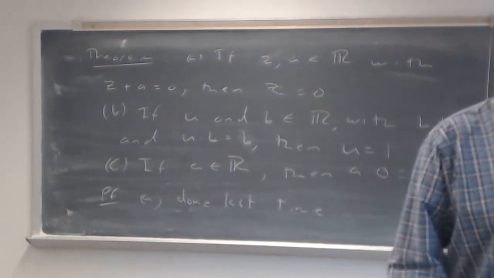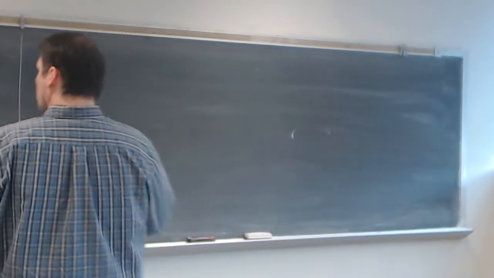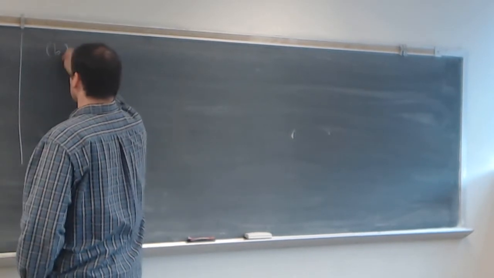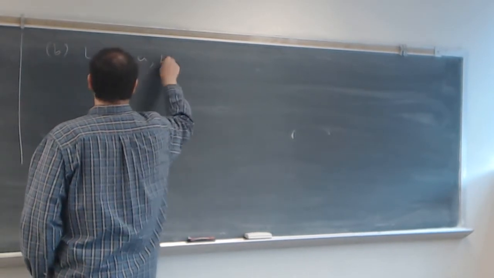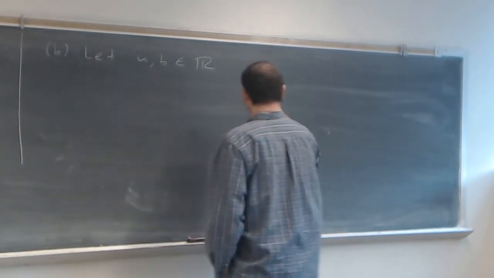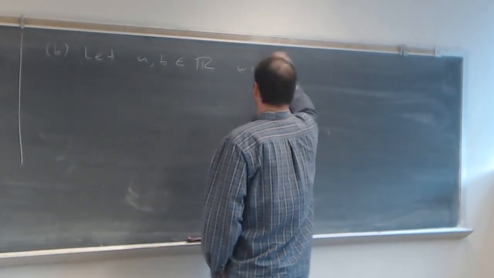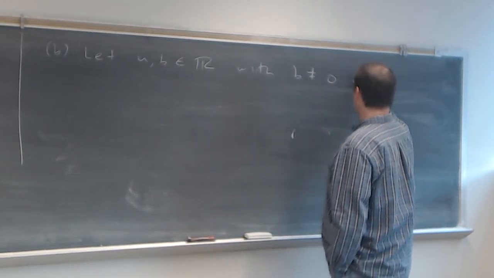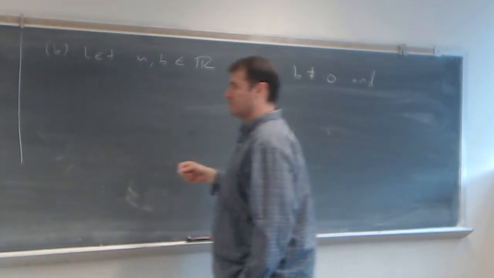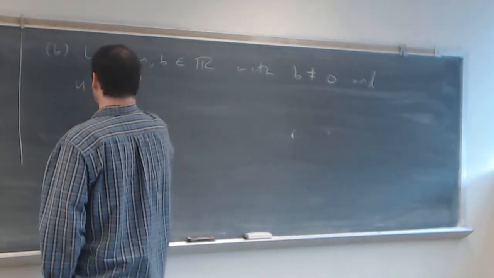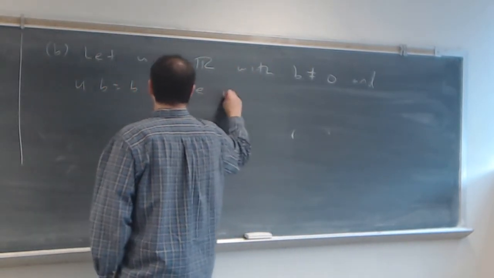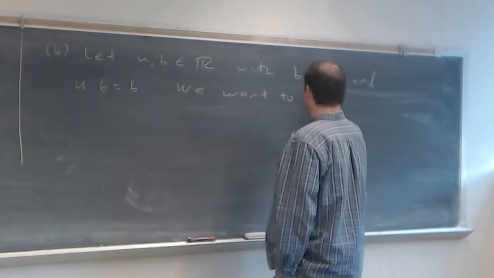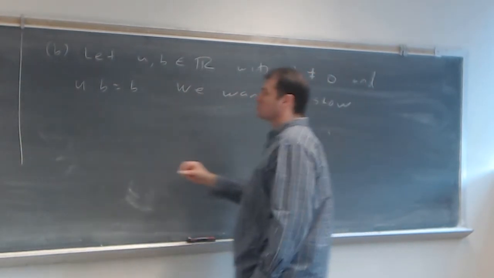So here's the proof for part B. For part B, I think I can do it directly. We will let U and B be real numbers, with B being different than 0, and we're also going to have the equality that U times B equals B. We want to show U equals 1.